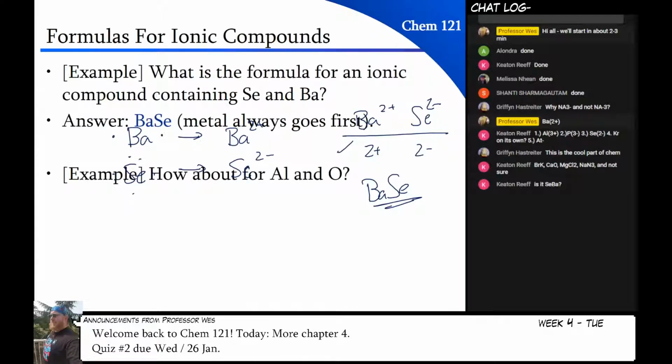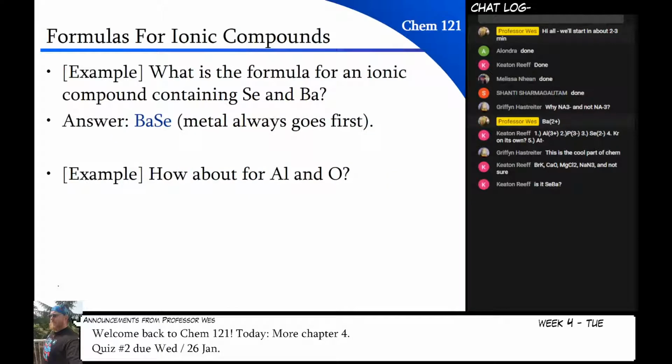All right. And then we did aluminum and oxygen earlier. I'll just do this example real quick because we only have 1 minute left. So here's my aluminum. This is the ion it forms. Here's my oxygen. Here's the ion it forms. And so you should know why this is because here are my... I'll draw the Lewis symbols in really quickly. Because that's what we've been talking about all day today.